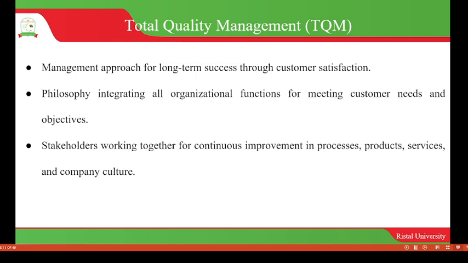Then we can look at total quality management. Total quality management is a management approach for long-term success through customer satisfaction. So the aim of total quality management is to ensure that there is customer satisfaction, because once there is customer satisfaction, that means in the long run there is a possibility of the company or the organization or the business succeeding.